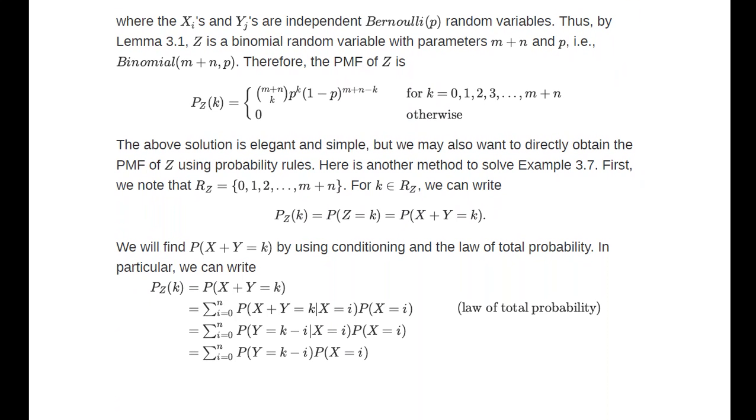The above solution is elegant and simple, but we may also want to directly obtain the probability function of Z using probability rules. Here is another method to solve Example 3.7.